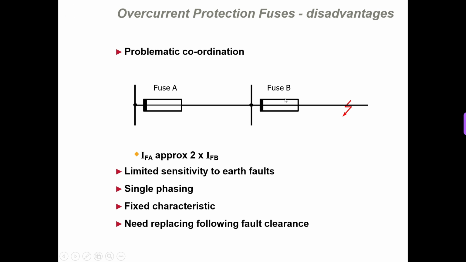That means we can have this fuse here of 10 ampere and this fuse here of 20 ampere. For the 15 ampere fault only this fuse will operate, and when the fault is nearer to the source then the current will be more and this fuse will operate. But the basic problem I have already explained: it has a fixed characteristic and it needs to be replaced following any fault clearance.